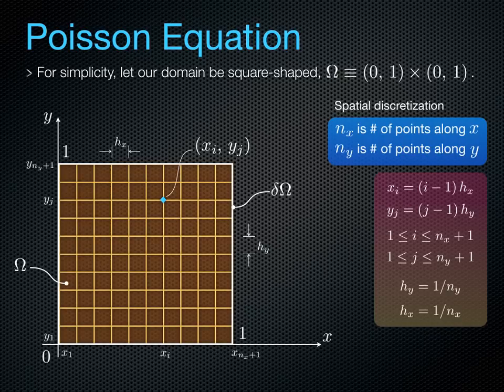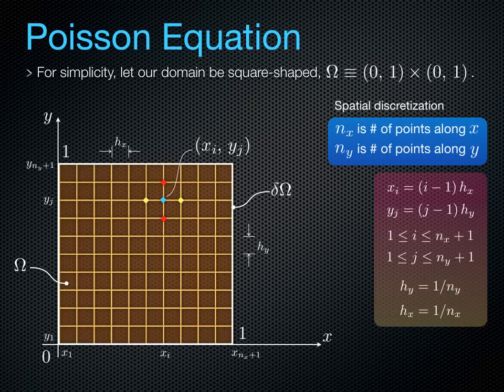And a similar expression is valid for y. So now we have discretized our domain. Each of these points can be determined with the knowledge of how many points are being used and what the spacing among the points is.